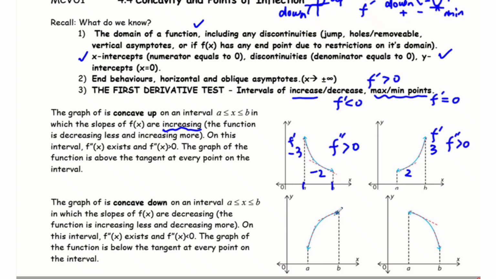From the left side to the right side, this is positive and steeper. For example, we don't know if it's 3 or not, we just assume it's bigger, and this is smaller. So from 3 to 2 the slope is decreasing. Then the slope of the slope, f double prime, is negative. Then it's concave down. You put your palm facing down.